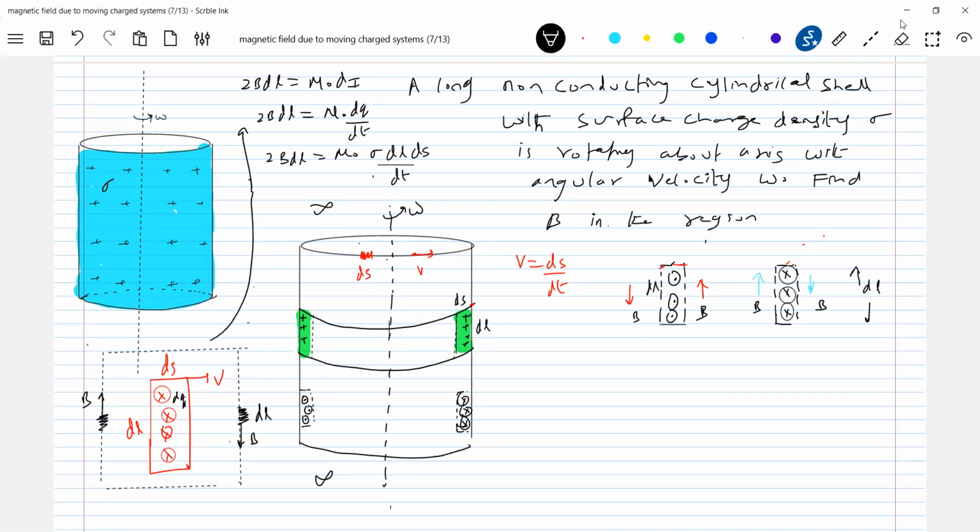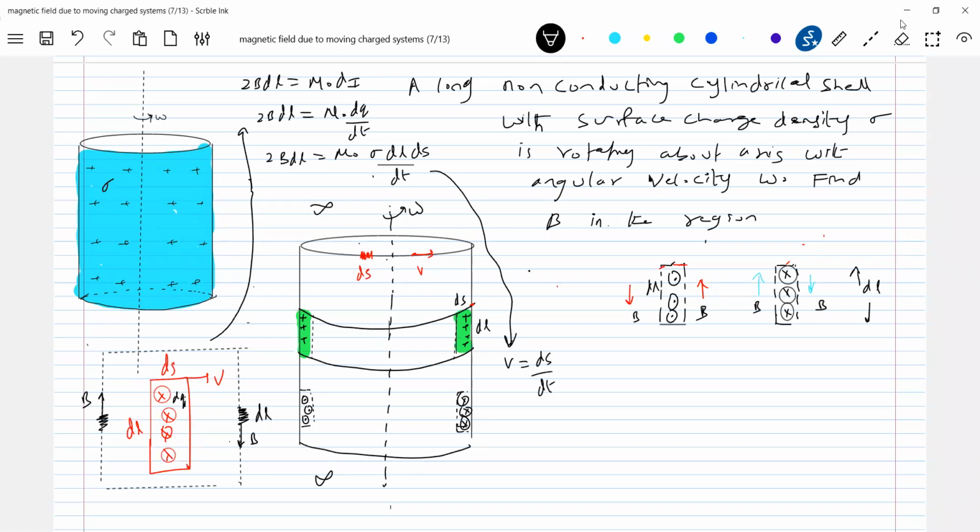Now what can we write? v is ds by dt, this v is ds by dt.